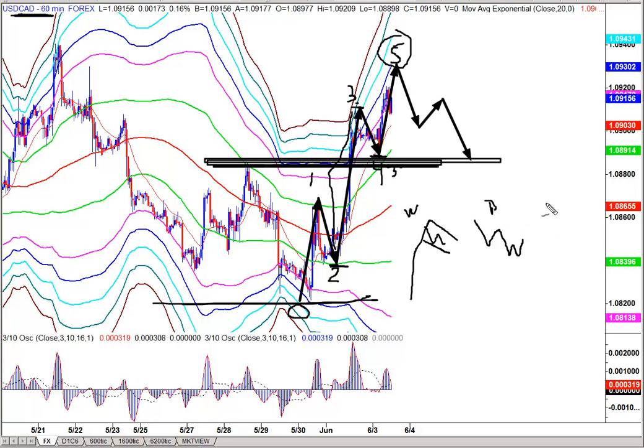We had the 4-hour chart, which is a 240, basically showing that little double bottom, and the market starting to show impulse to the upside. Now we have the 60-minute chart showing that from that bottom, it did this.